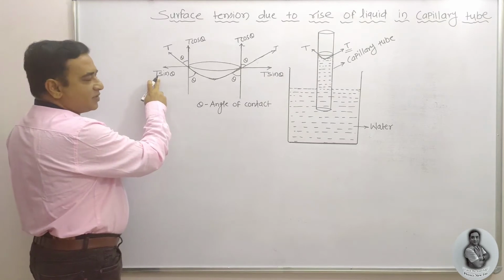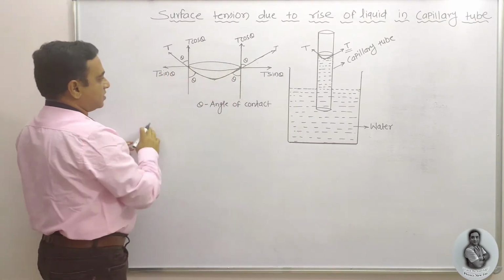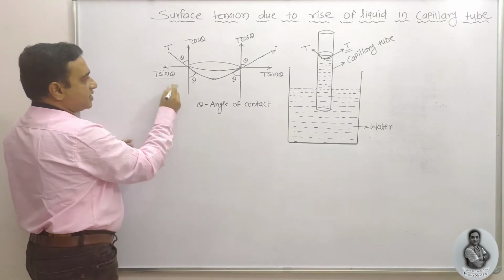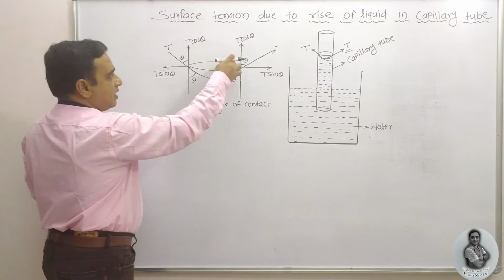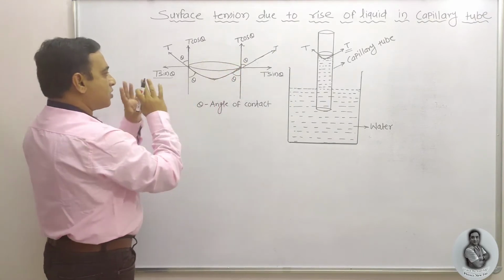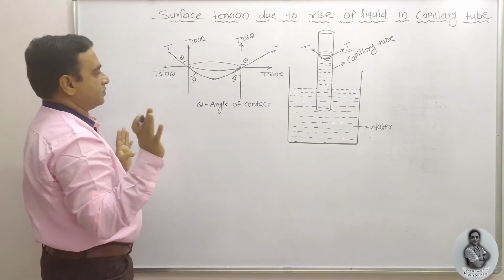Such a T sin theta acts along the total circumference of the circle, in this side, this side, this side, and all directions.